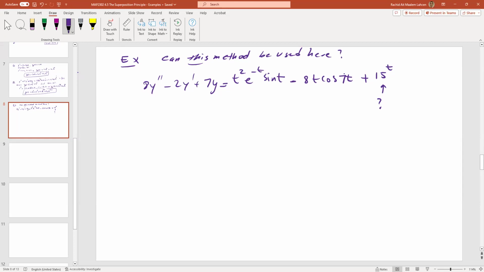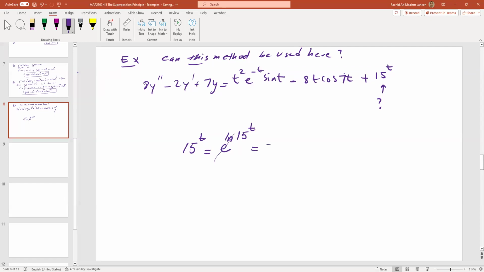So if you think about the idea of 15 to the power t, it can be written as e to the natural log of 15t, because these are inverses of each other and will just give you that.